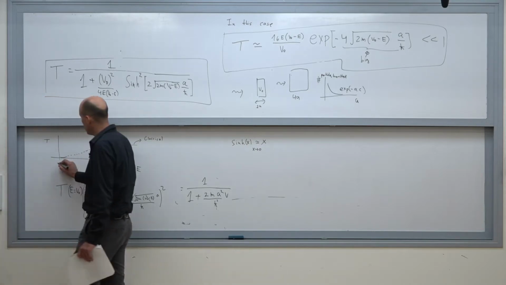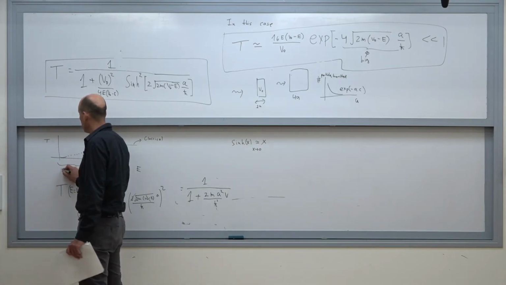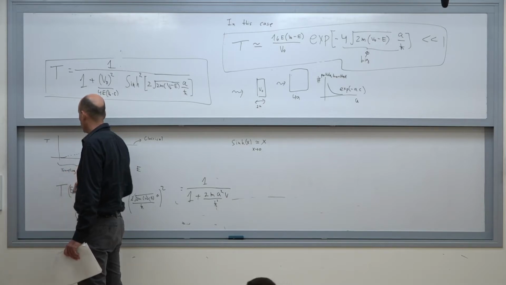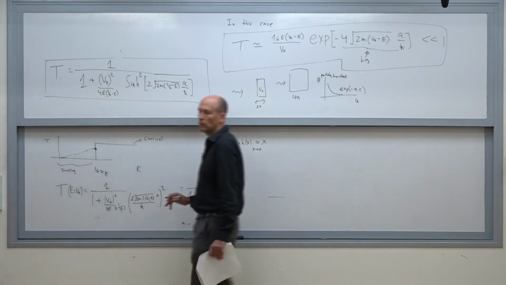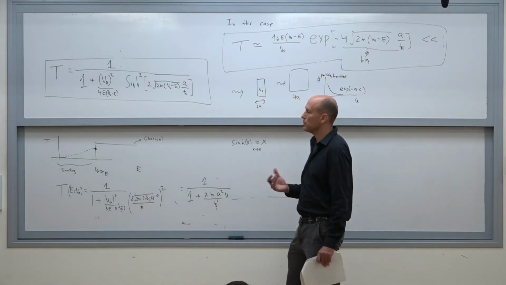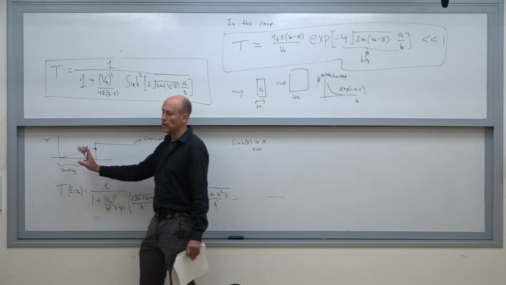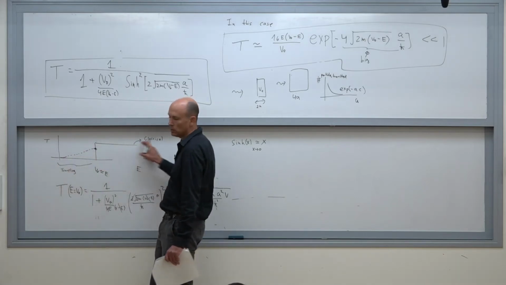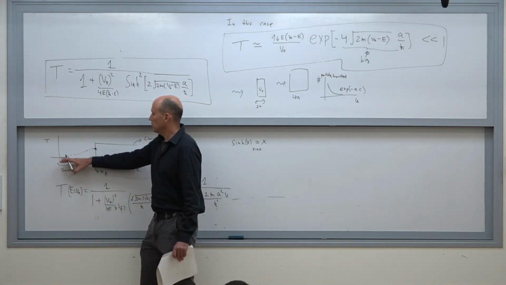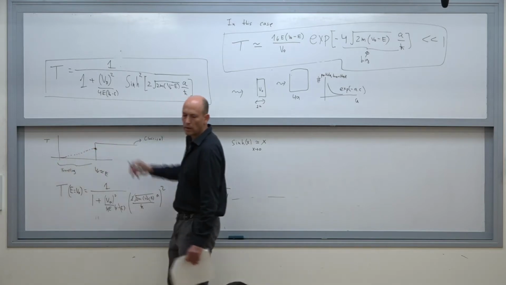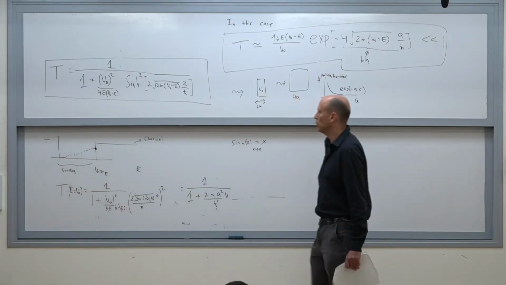All this region is what I call the tunneling region. This is tunneling because the energy is less than V0. Classically this was the step function, 0, while something finite when you have quantum mechanics.